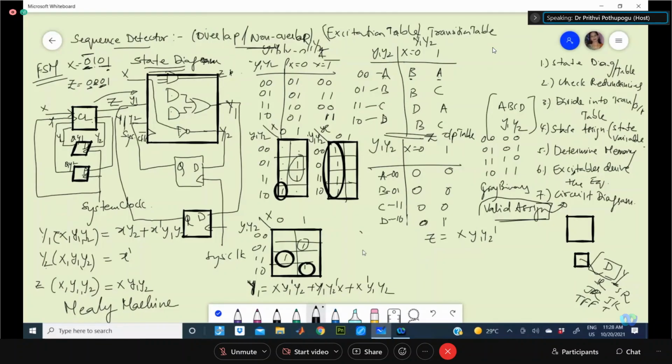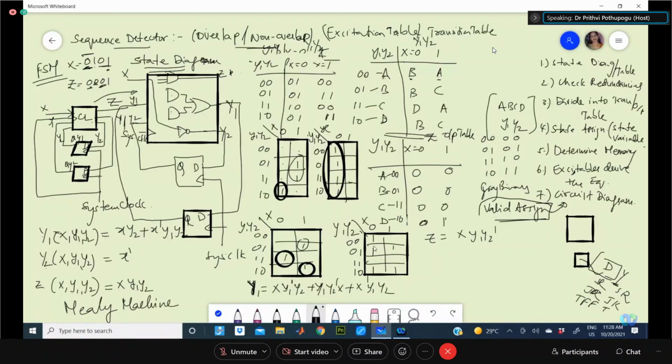Next, what is the equation of y2? That means there is no assurance that gray will be giving a minimized form or binary will be giving a minimized form. It depends on the design, your problem statement and design. See what minimization is possible.